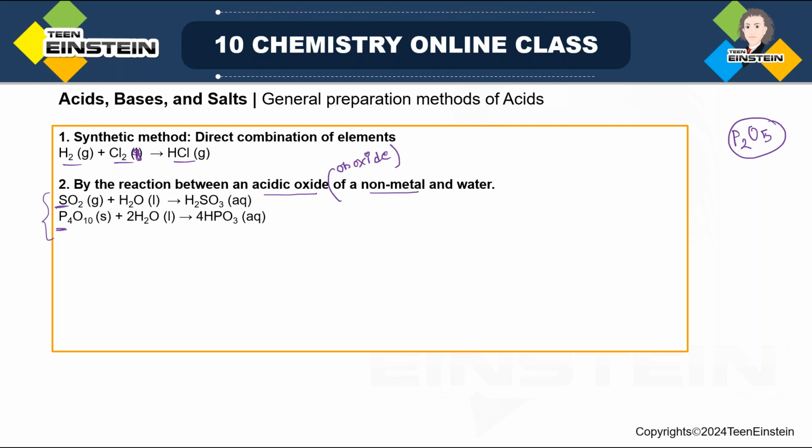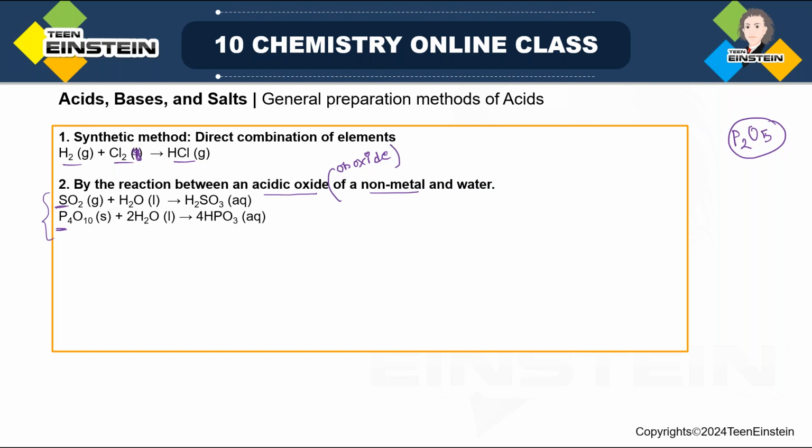When P4O10 reacts with water, there is formation of HPO3 acid, right? There are different types of phosphorus-related acids. In the previous example you saw H3PO3, but now you are seeing HPO3. There is also H3PO3, then H3PO2, different species are there.